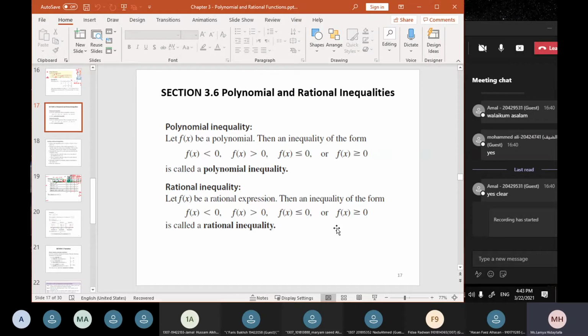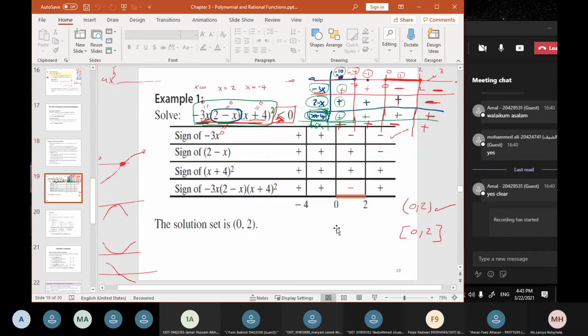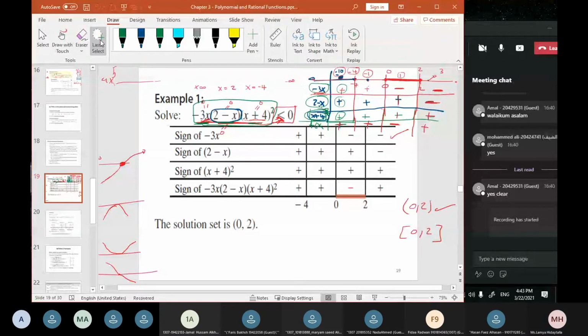For this, we did this example. If we have this polynomial and it is factorized in brackets, we want the solution when this one is less than 0.